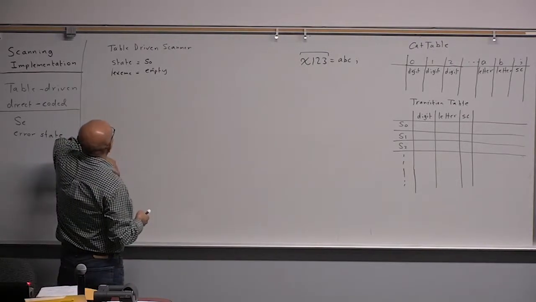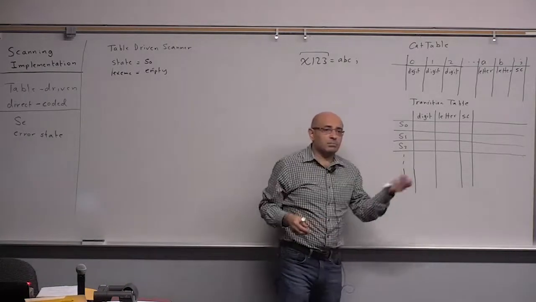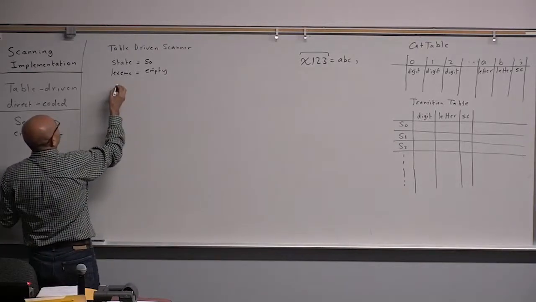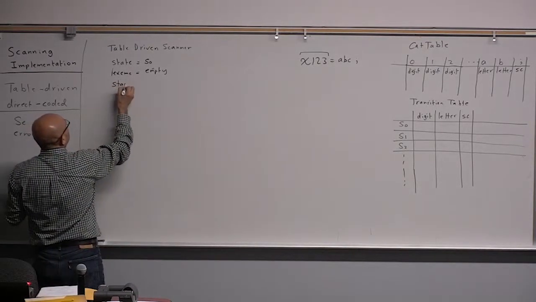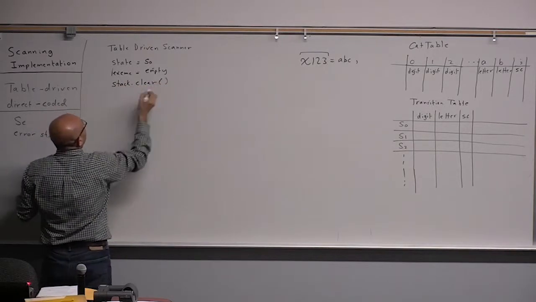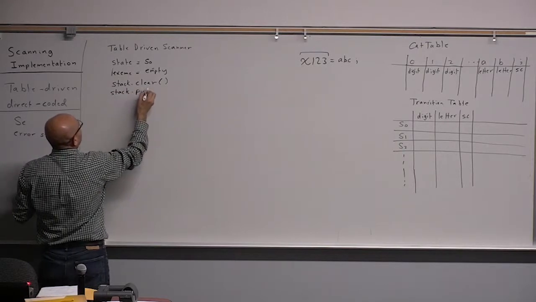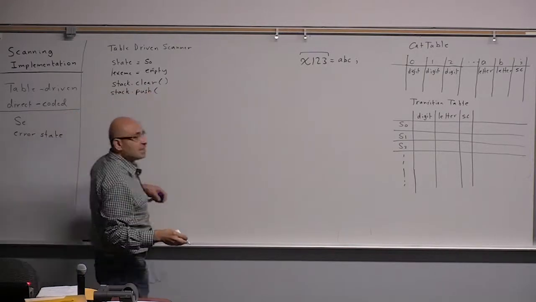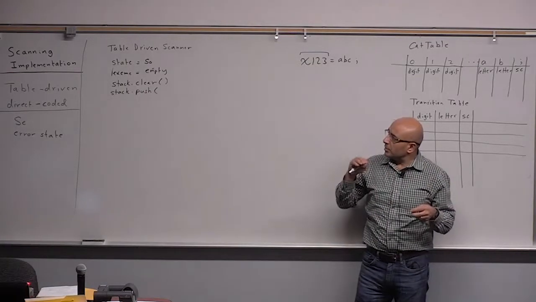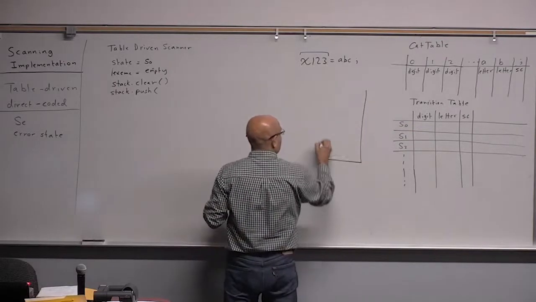OK. So now this is the state. Now we have to remember that stack. We have to push things on the stack. So we'll have a stack, and we will clear it first. Stack dot clear. Then stack dot push. We will push something on the stack to indicate that this is the start.